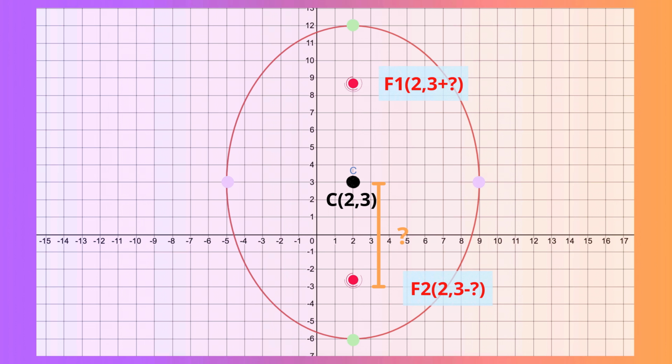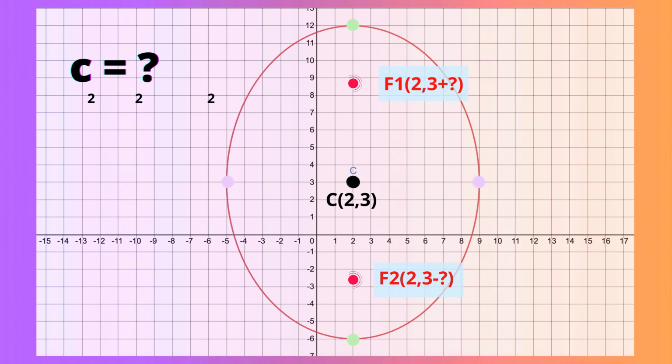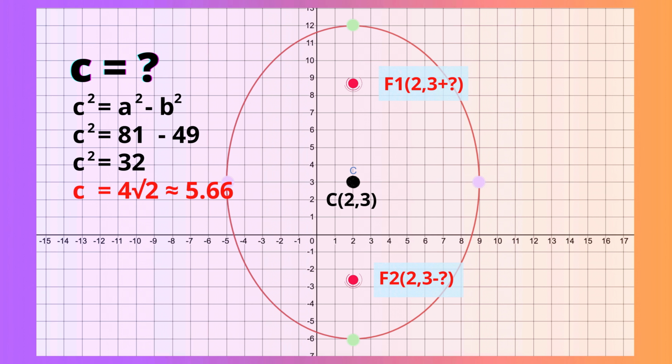From a squared equals b squared plus c squared, we can transpose the equation so that our c squared is equal to a squared minus b squared. Substituting the values of a equals 9 and b equals 7, we have 81 minus 49. Therefore, c squared is equal to 32, and c is equal to square root of 32, or 4 square root of 2.